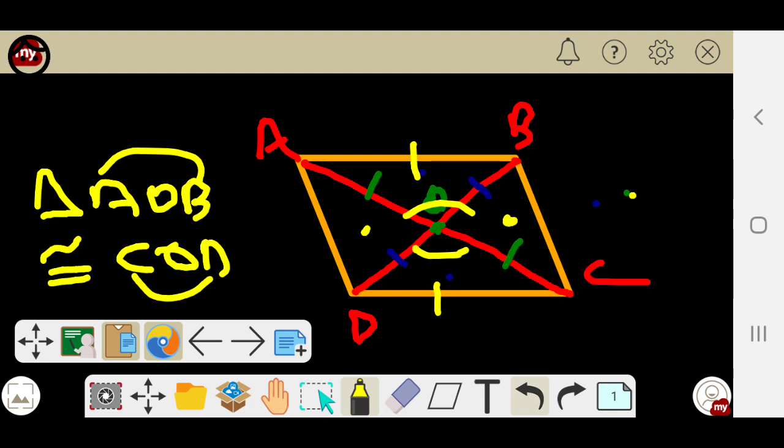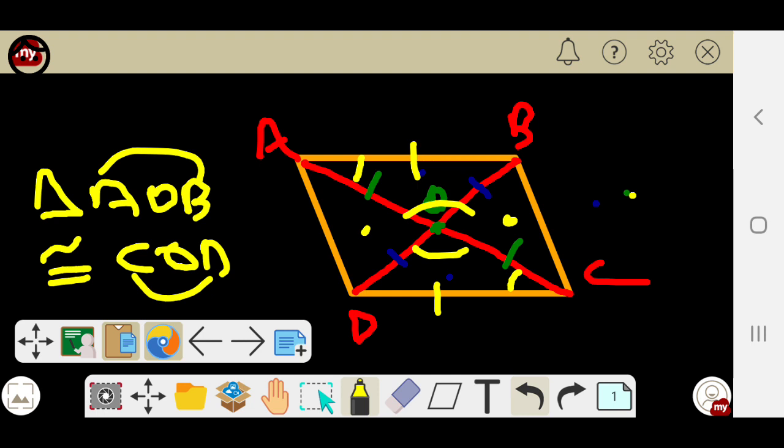If opposite sides are equal, we can also prove that the alternate interior angles for the diagonal AC are equal. If alternate interior angles are equal, then the two sides are parallel. So AB is parallel to DC.